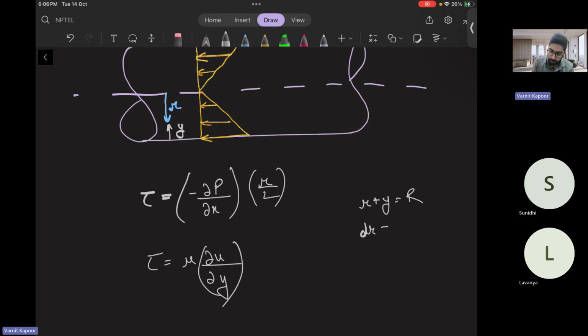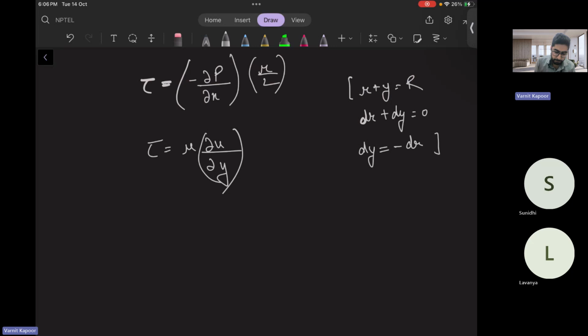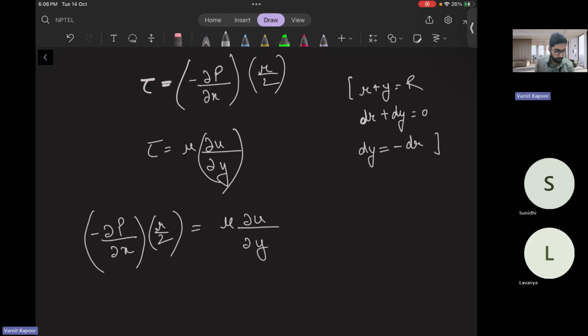So what will be dr? dr plus dy will be 0 because capital R is constant. So dy is nothing but minus of dr. If you compare the above two, minus dou p by dou x into r by 2 is equal to mu dou u by dou y.